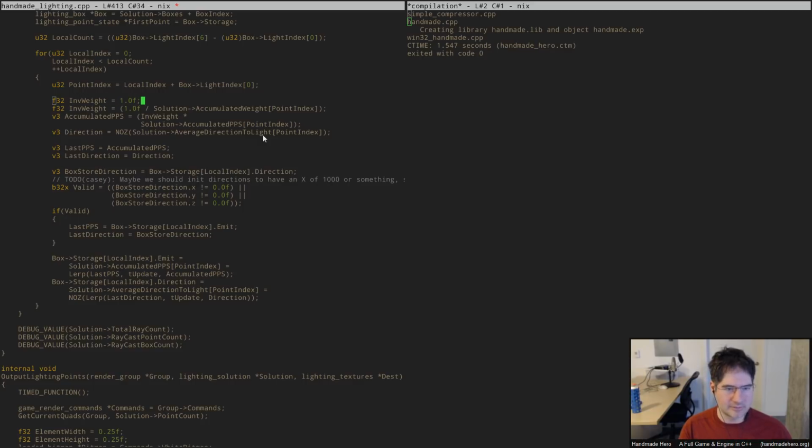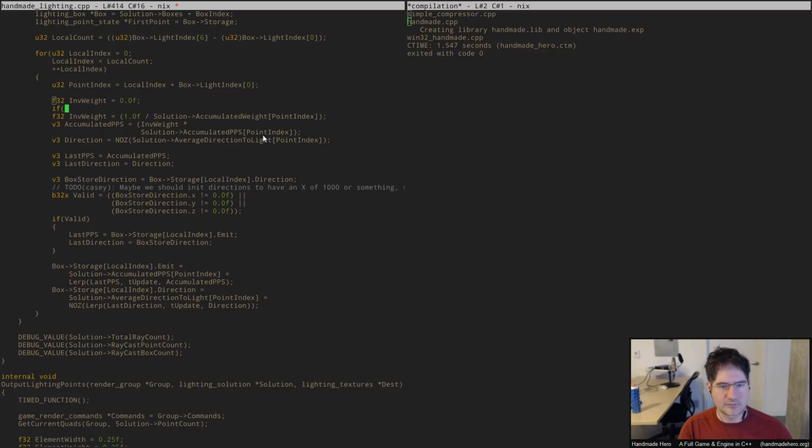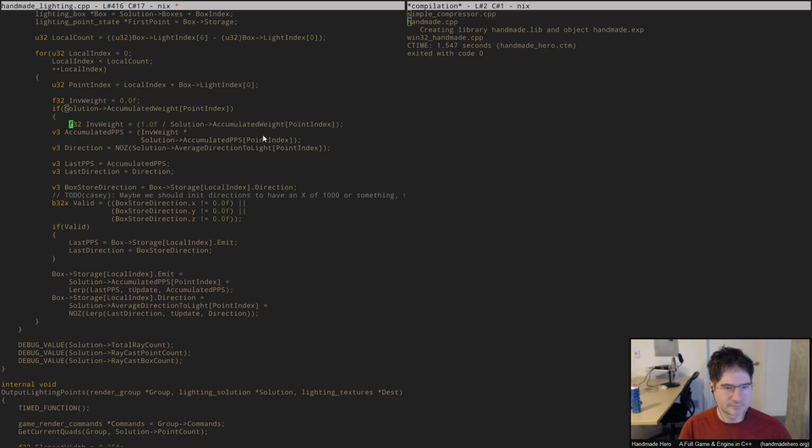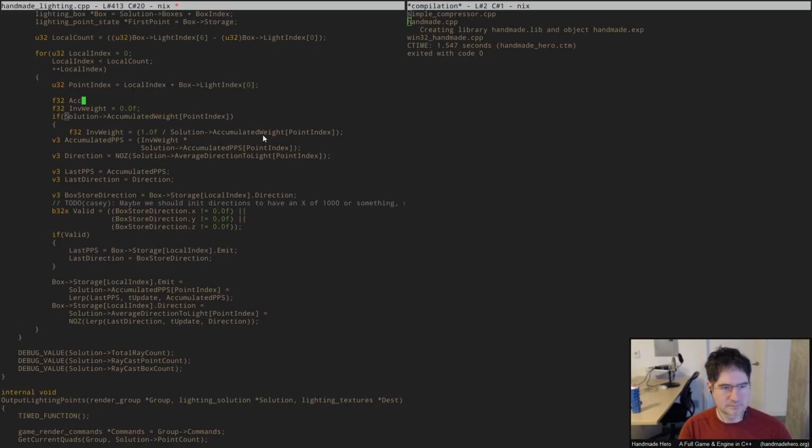So I'm going to go ahead and say that the inverse weight is 0, and then I'm going to say if the accumulated weight... and again, we don't really need to do this because the inverse weight's going to be constant in the future, I think, if everybody gets the same number of rays cast.